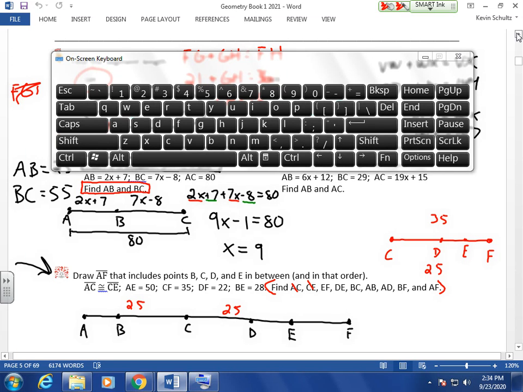You can conclude that EF is 10 because 10 plus 25 equals 35. Exactly. I can take D out of here to make it even simpler. CE is 25. The whole thing's 35. That means EF must be 10, so that 25 plus 10 equals 35.